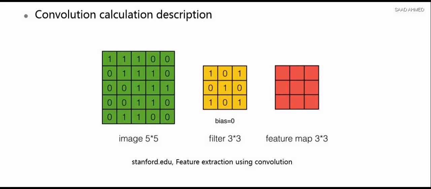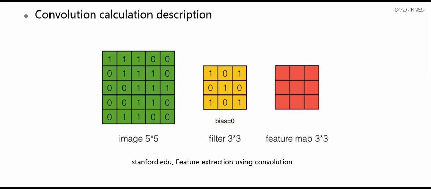So that was the basics of the convolution layer. There are other things which have to be considered, but for now that is enough. We will now move on to the convolution calculation descriptions. As shown before, you can have an image of 5 by 5, then we can filter it by 3 by 3, and the feature map can also be 3 by 3.